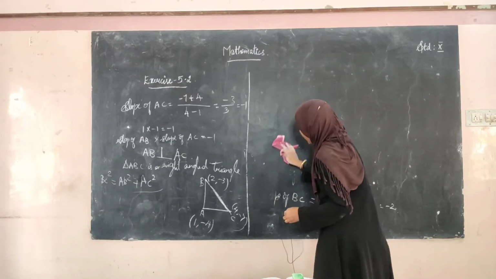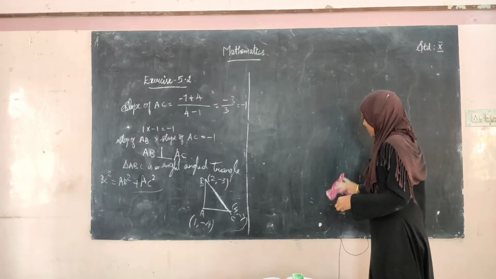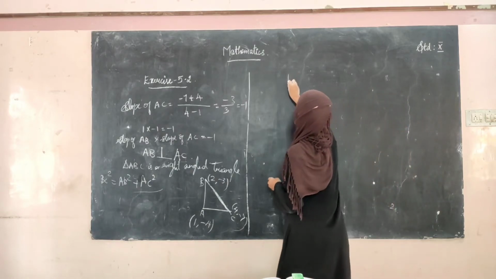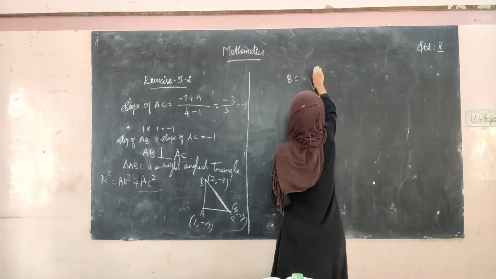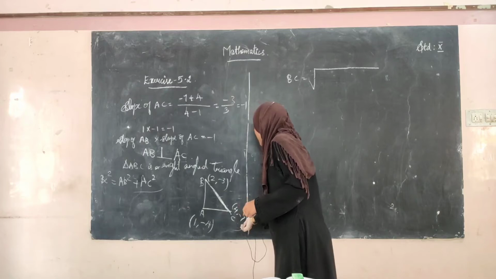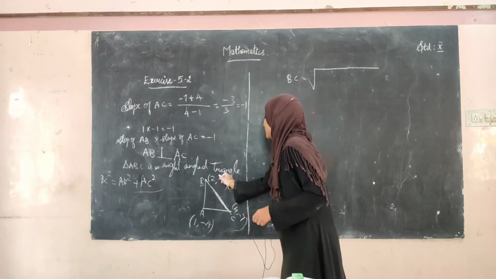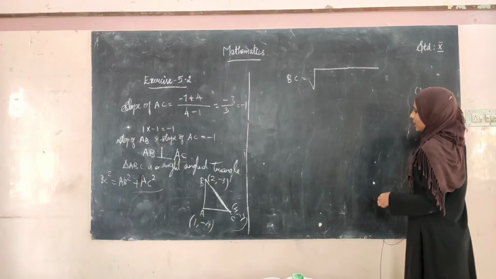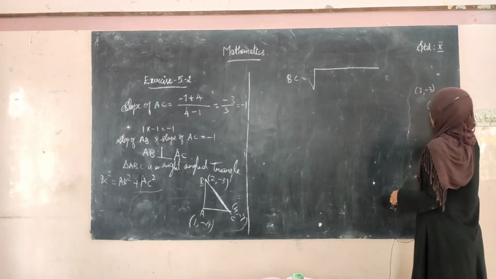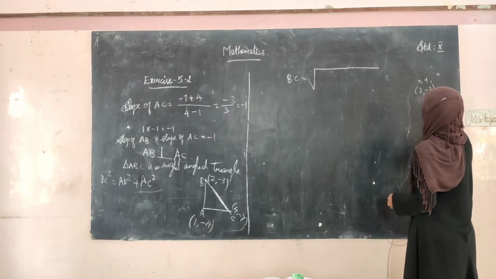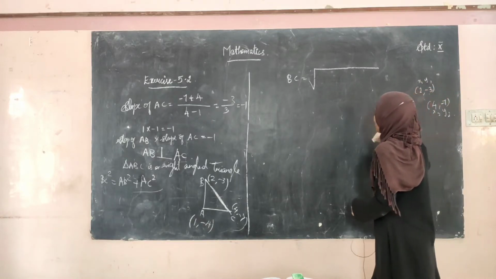For that, you have to find the lengths of AB, AC and BC, right? So BC is equal to square root of, where is B? B is 2, -3 and C is 4, -7. So x1, y1, x2, y2. What's the formula for finding the distance?